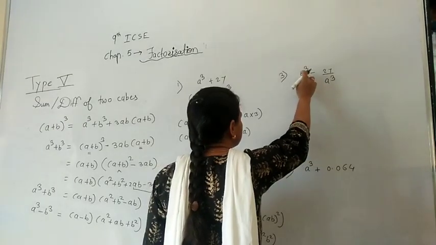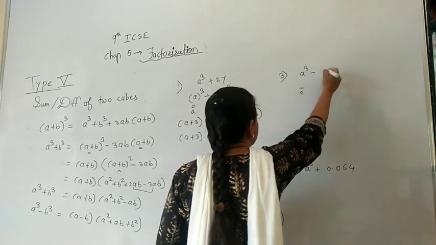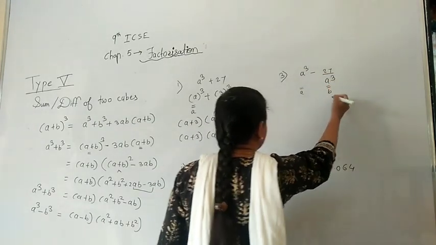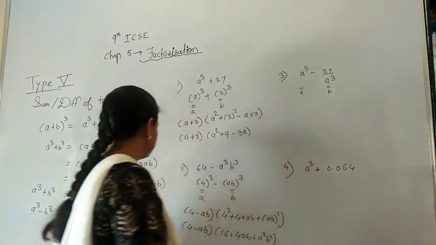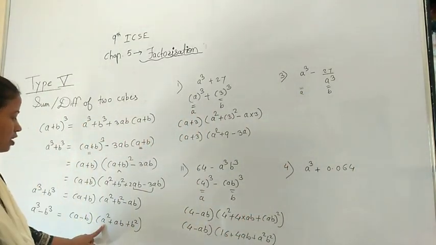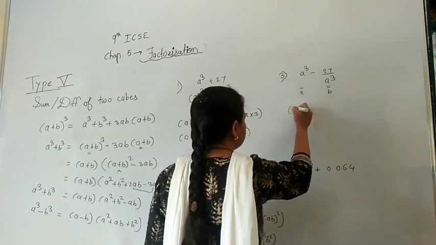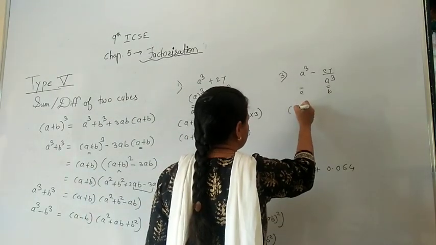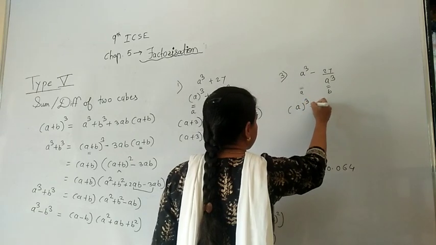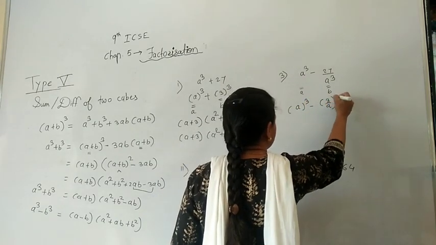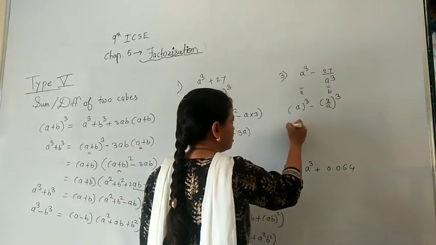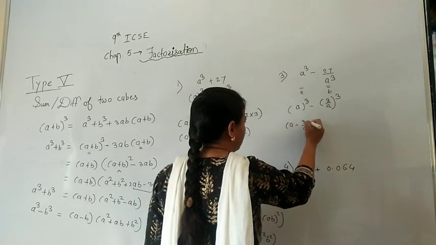In this question, let's consider this as a and this whole term as b. Now we are using factors a minus b, a square plus ab plus b square. First of all, a minus b means taking cube root: 3 upon a cube. a minus b means a minus 3 upon a.